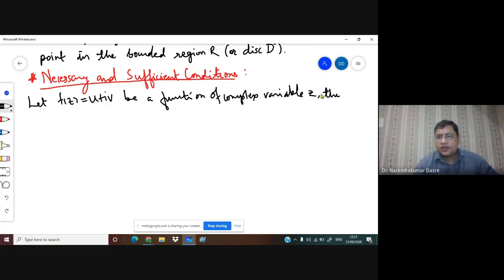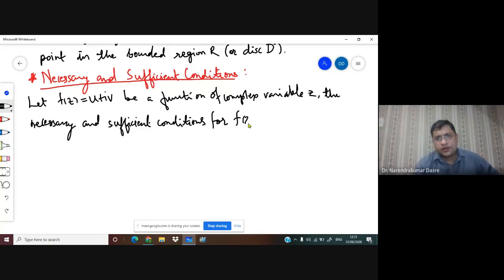Then the necessary and sufficient conditions for f of z to be analytic.